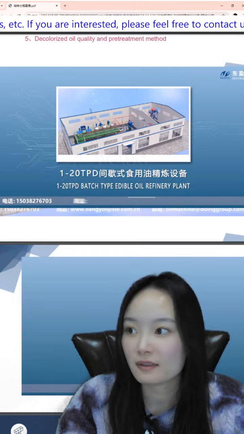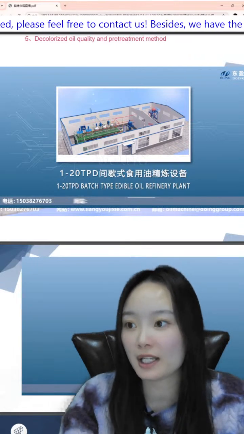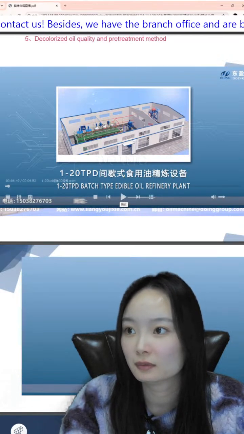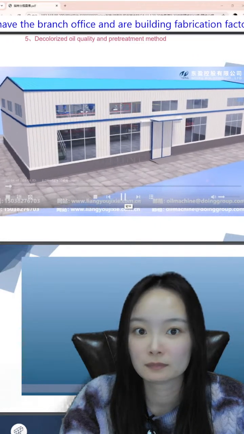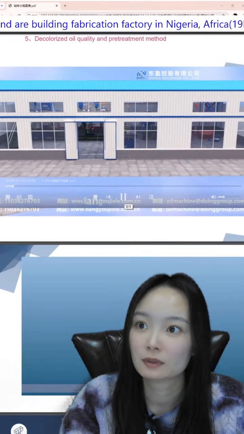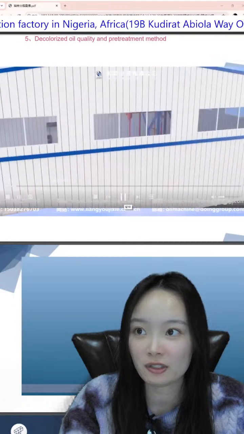Okay, this is the 1 to 20 tons per day batch type edible oil refining plant. The whole plant is designed by our engineers.